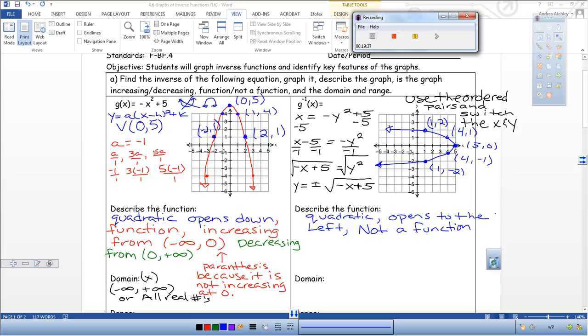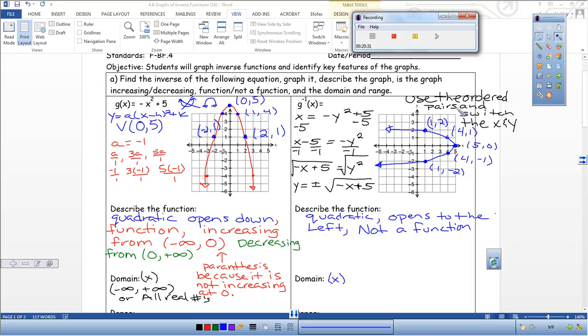Okay. We can do the domain and the range now. The domain is the x values again. And the domain of the inverse function should be what the range was of your original function. So let's check it.